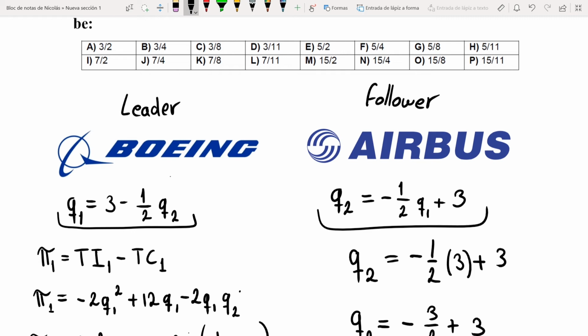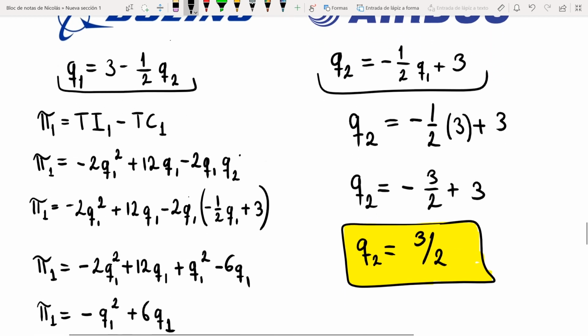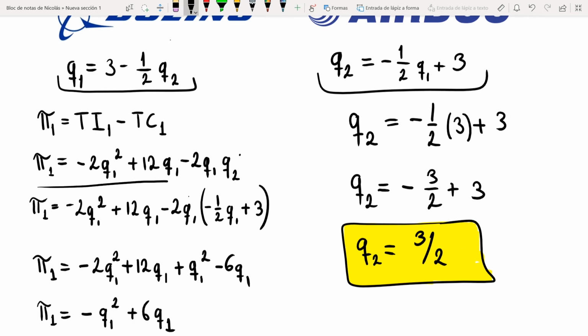And as we know that the leader is Boeing, or firm 1, we'll be using its profit equation as we already calculated it, and we'll be replacing the quantity 2 by the best reaction curve of Airbus, or firm 2.